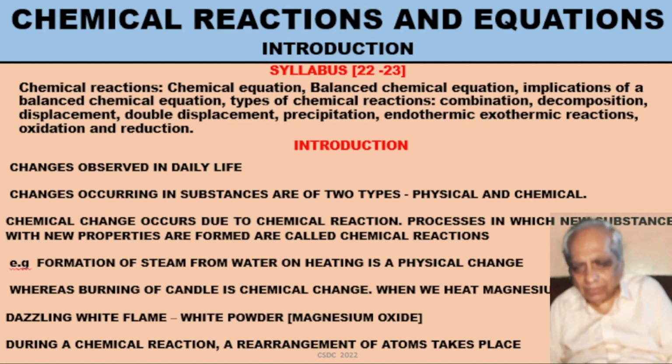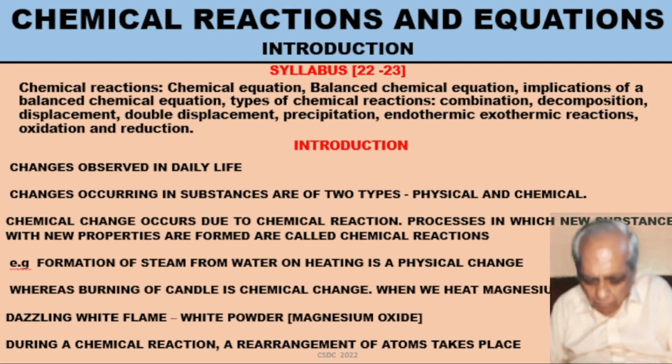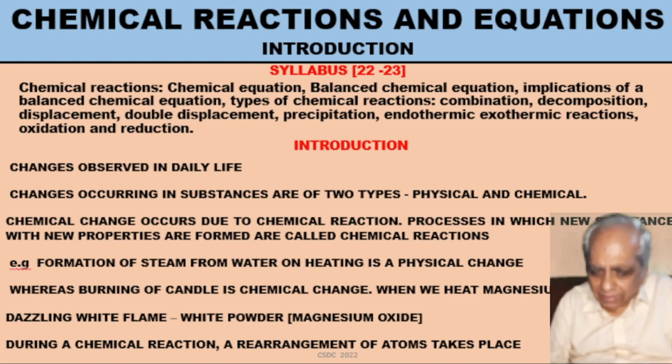But sometimes when we write this equation, we may not get exact arithmetic. So we say that the equation is unbalanced. We can balance that equation. That we are going to study next time, how to balance the equation.